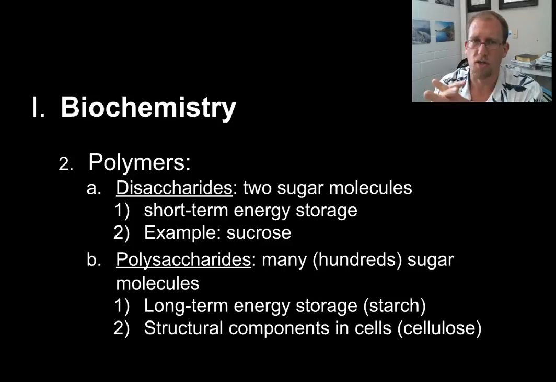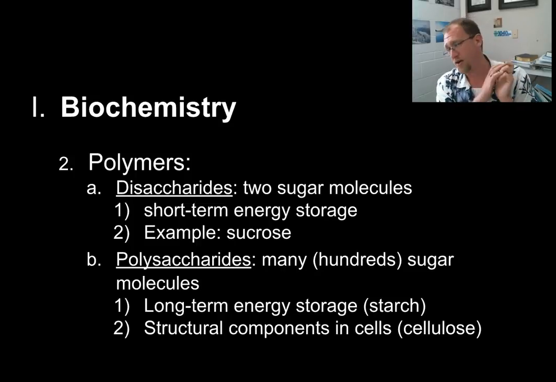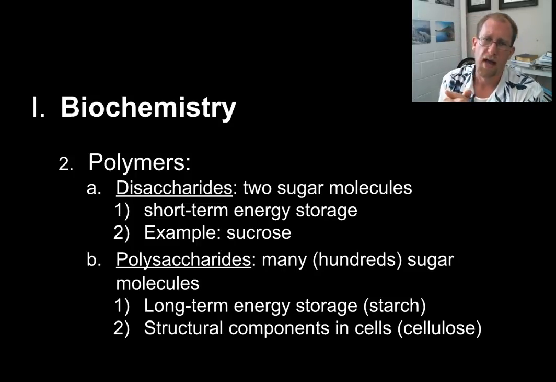If we need to store energy long term, we use fat. But a plant, if it needs to store energy long term, will make starch. And that is a chain of hundreds of sugar molecules. And the starch tends to be stored in certain parts of the plant, and that's where we get potatoes and yams and all kinds of tubers from, right? Starches are just chains of lots of sugar molecules for energy storage.